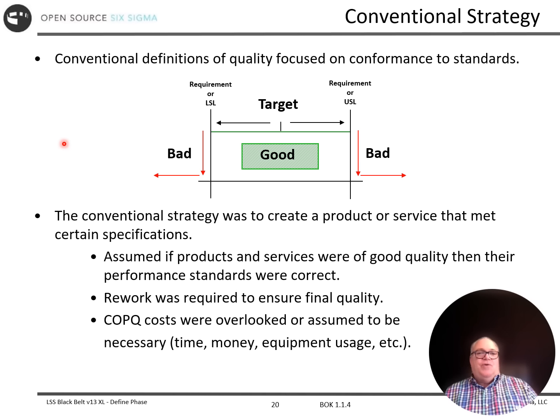So we're going to move away from getting it in spec somehow, some way, through miraculous acts of people, to being very predictable, so that I don't have to do these types of things, and I actually produce very little in the bad pile outside of my spec limits.